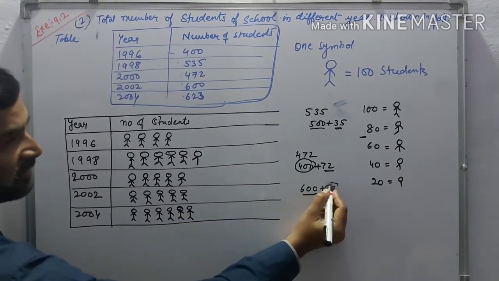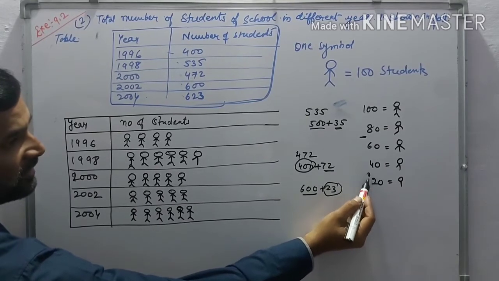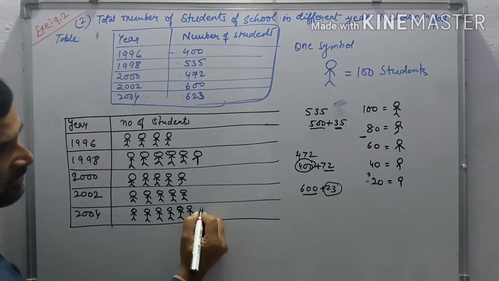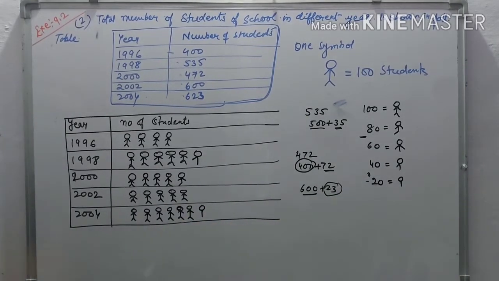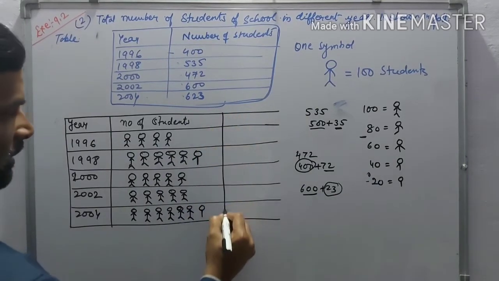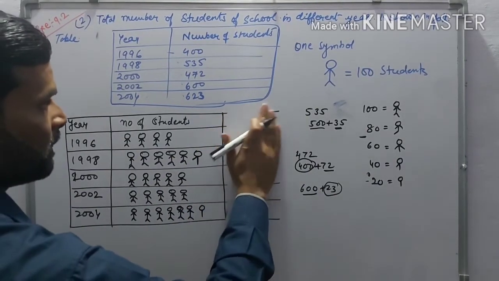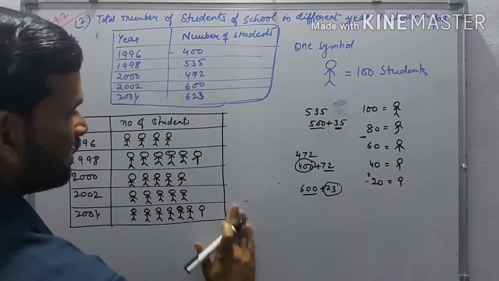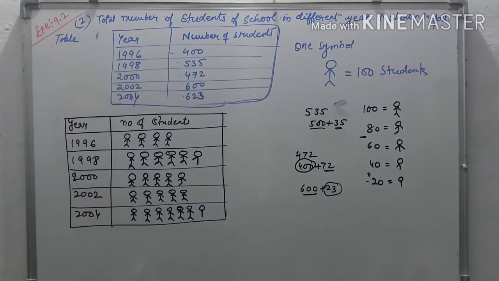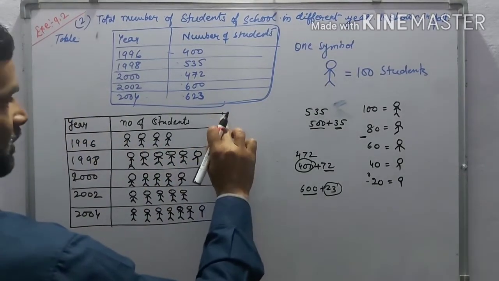Okay, and 23. Where is the 23? 23 is nearest to 20. So you have to draw only this. Okay, and here your table is complete, it is called the pictograph.